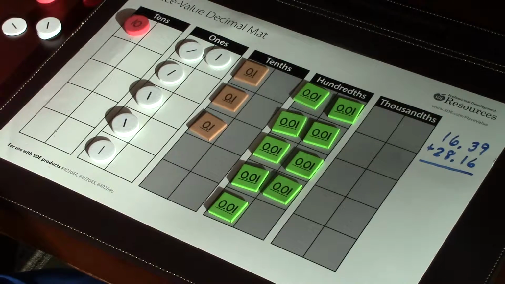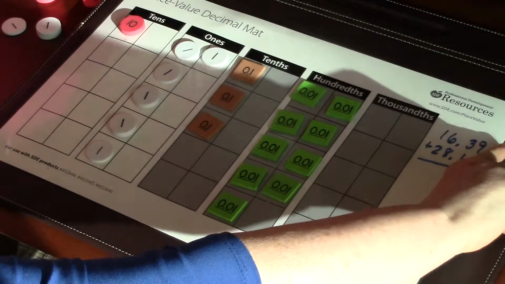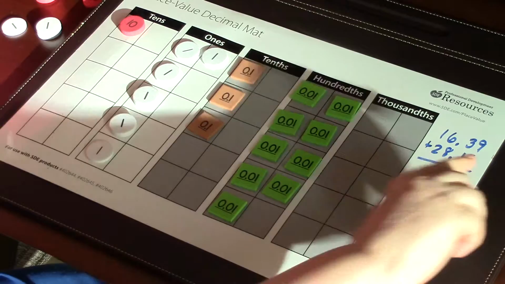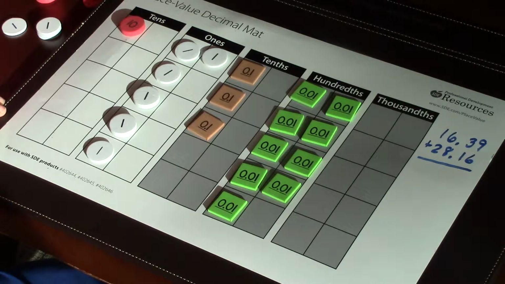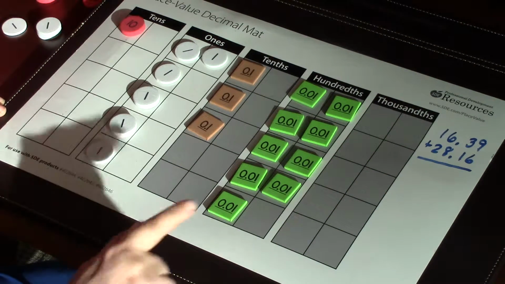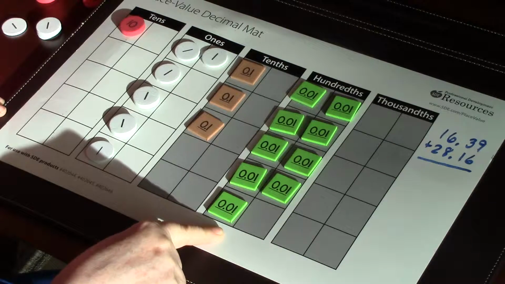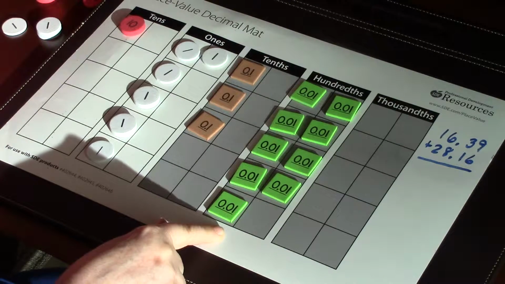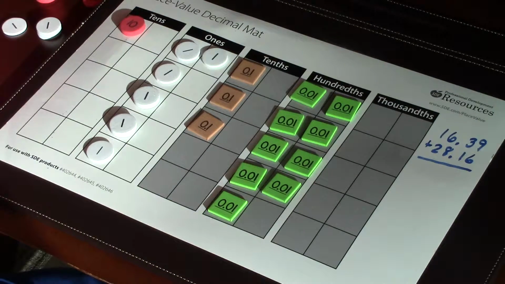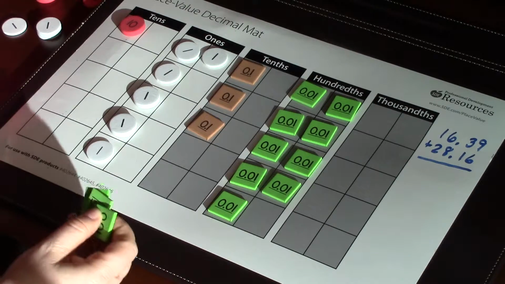Now, when we're adding, using the standard algorithm, where do we begin to add? All the way over to the right. So what place are we in when we're all the way to the right on this problem? In our hundredths place. So how many hundredths were in the first part? 9. And how many hundredths do we have to add for the second part? 6 more.